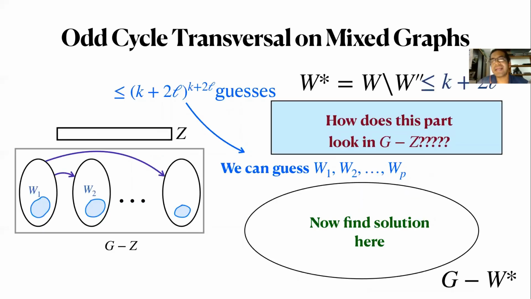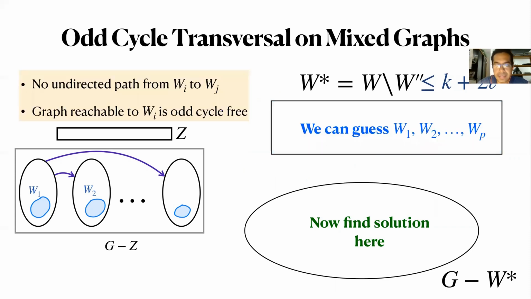So we guess all the partitions of Z, and there are (k plus 2L) to the power (k plus 2L) many guesses, because W star size is at most k plus 2L. We guess this partition, and now we find the solution in G minus W star with the following conditions.